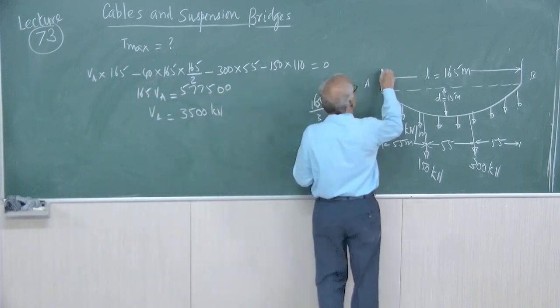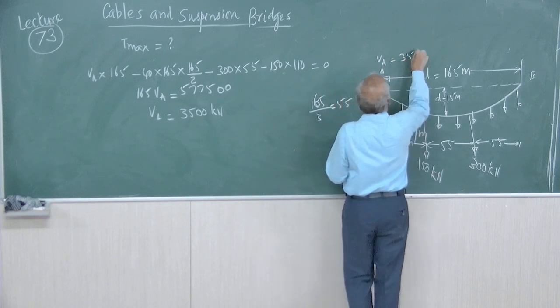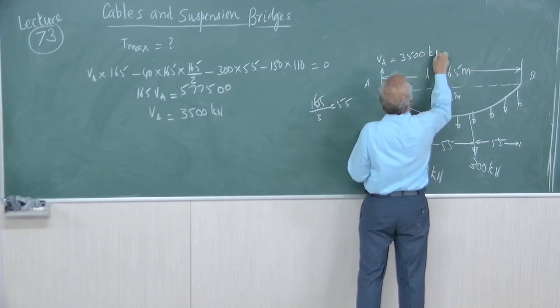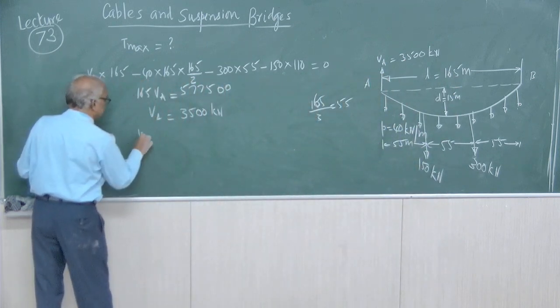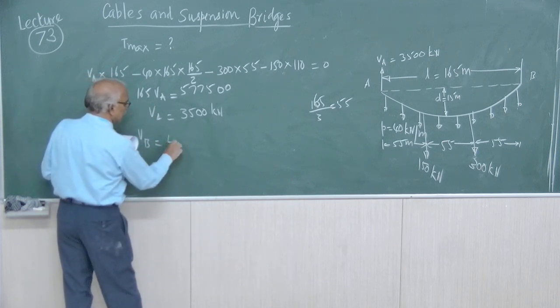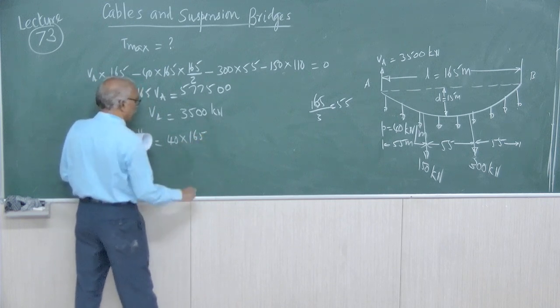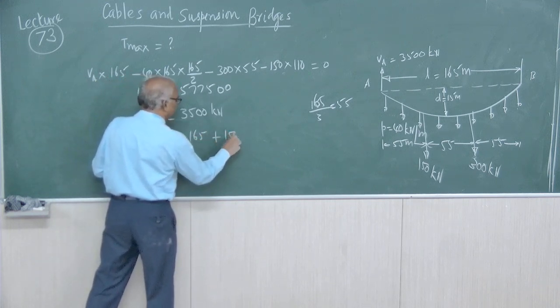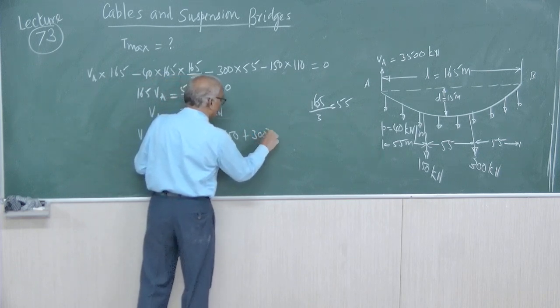So this is VA, 3500 kilonewtons. And VB equals total load minus VA. Total load is 40 kilonewton per meter over a length of 165 meters, plus there is a point load of 150, plus there is a point load of 300. This is the total load.